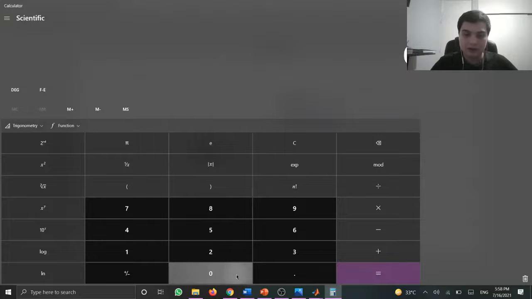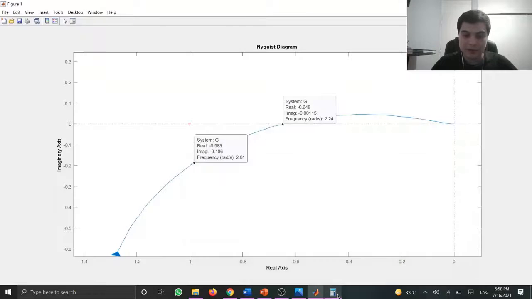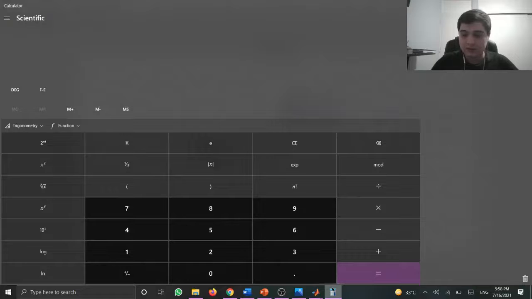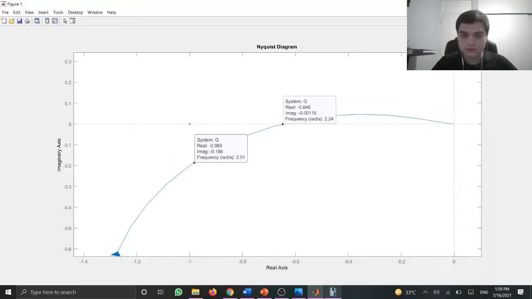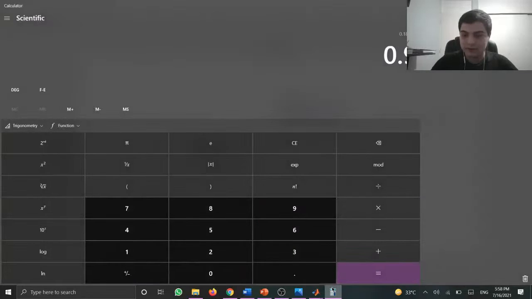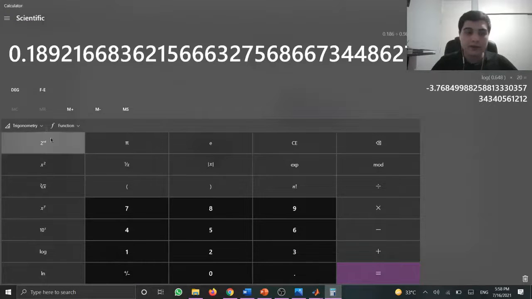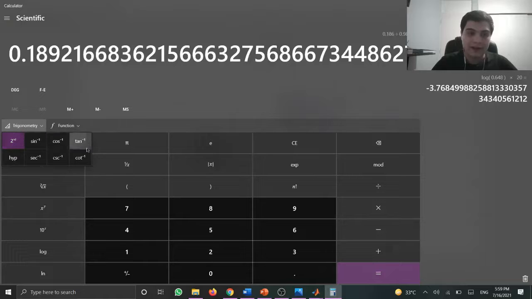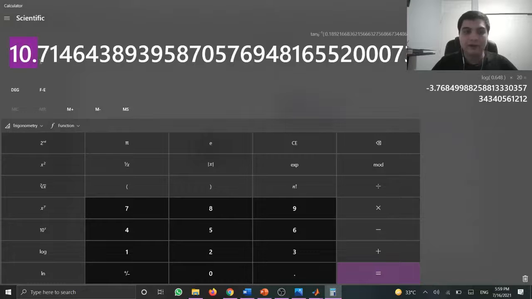So we're going to divide the imaginary part, 0.186, by the real part. Then we apply the inverse tangent, and we find that the value is 10.71 degrees.